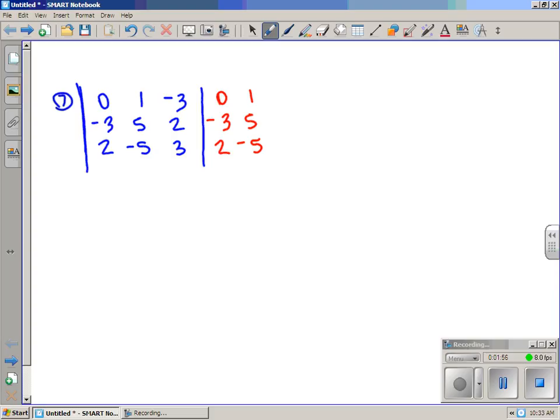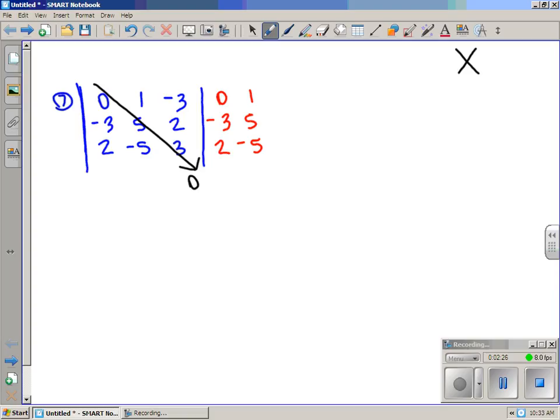We start off at the top of the first column and go diagonally sideways down to the bottom of the third column. If you have written this nice and neat, you should go through 0, 5, and 3. Since we're at an angle, you multiply these numbers. 0 times 5 times 3 is 0.